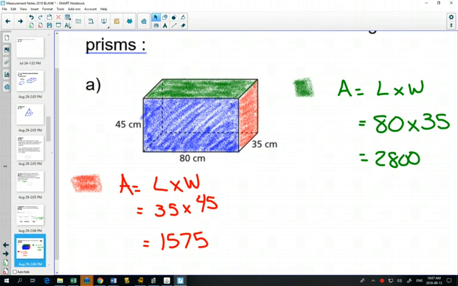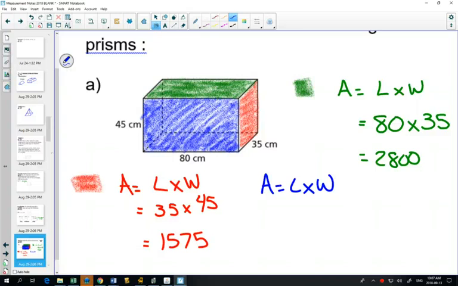Okay, the blue one. Area is length times width. For that blue one, it's going to be 80 times 45, 3,600. And so we've color-coded it so we can really see it.